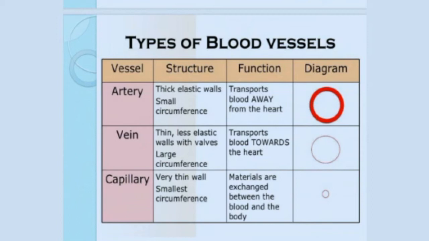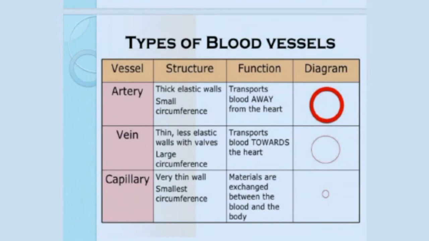They have valves to prevent the backward flow of blood. Veins have large circumference. They transport blood towards the heart. Arteries transport blood away from the heart, while veins transport blood towards the heart.